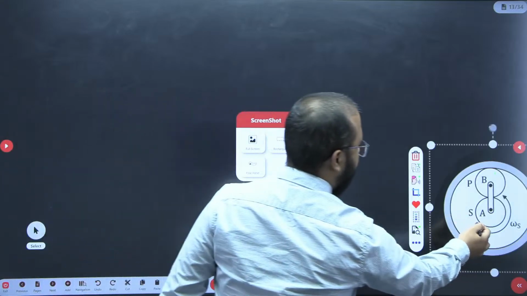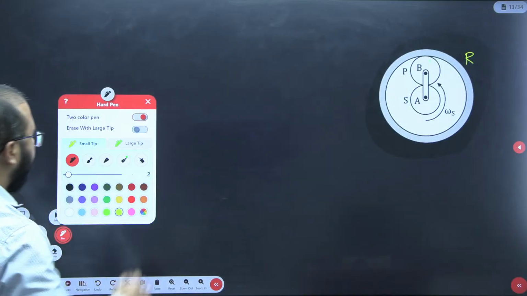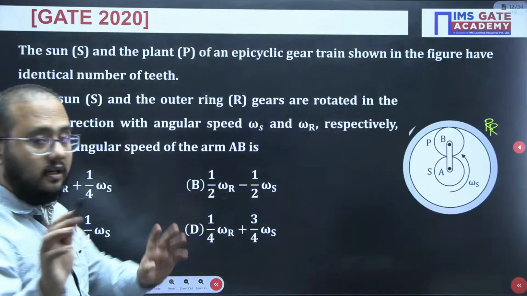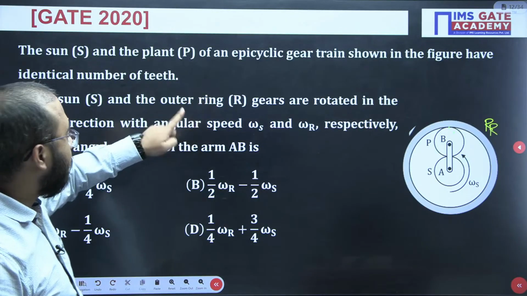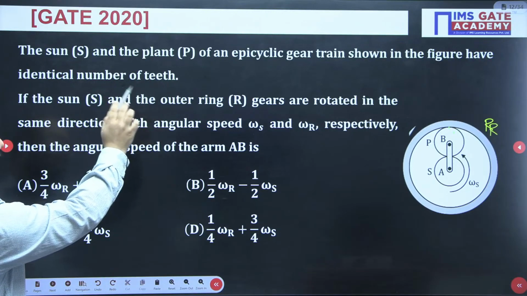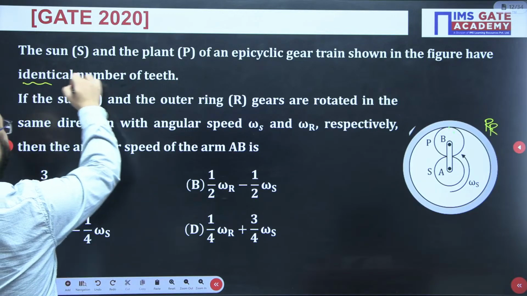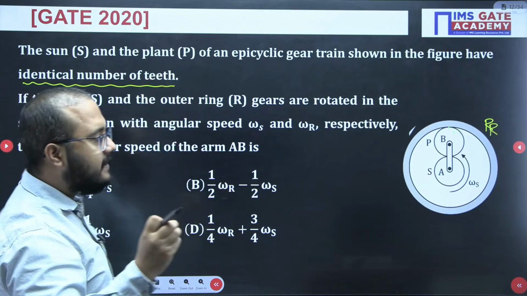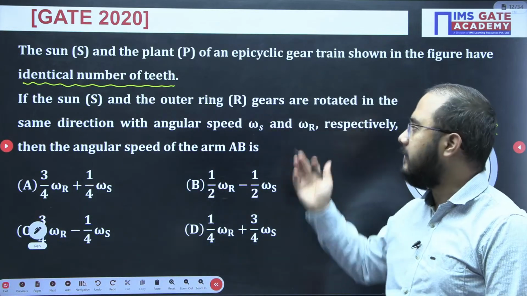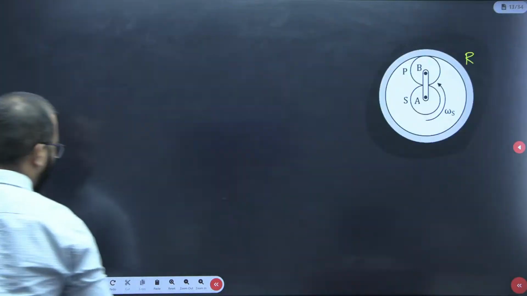So first of all, there is one more important piece of information here. In the question they have already mentioned that the sun and planet of the epicyclic gear train shown in the figure have an identical number of teeth. This is very important information. TS equals TP. Sun and planet are identical, so they have an identical number of teeth.